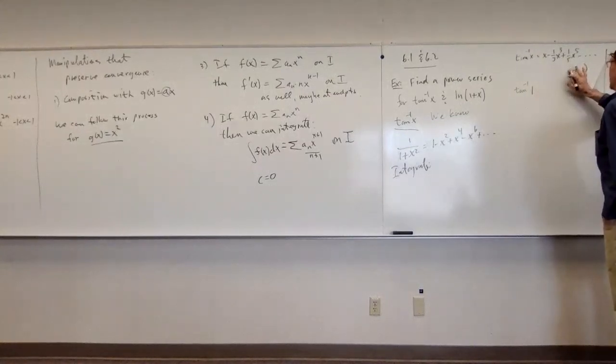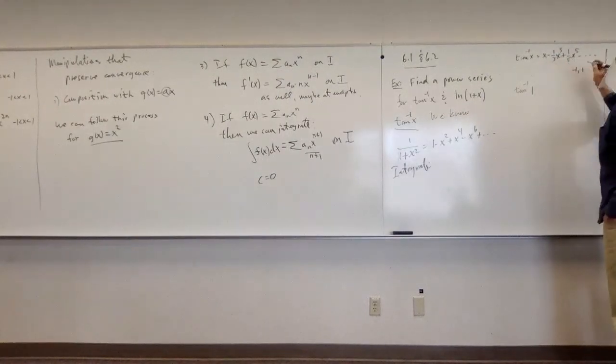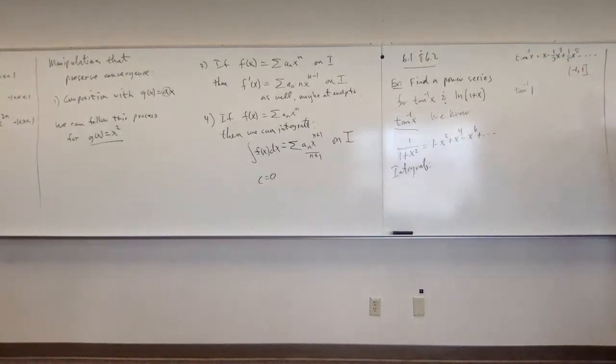I'm sorry, it converges at the upper endpoint, because it's already alternating. The lower endpoint cancels out the alternation, makes all the terms negative, and it will diverge there. It's like the harmonic series.